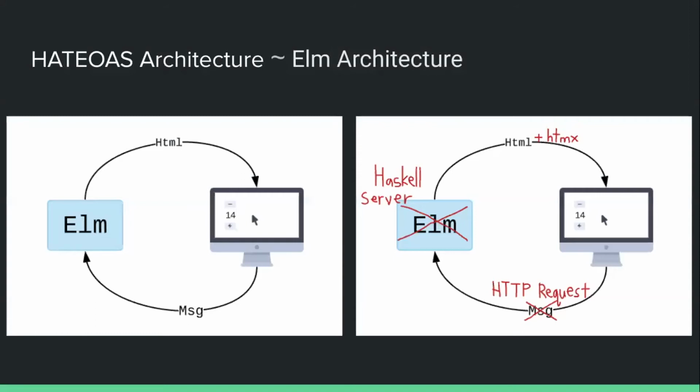And you can compare it in a lot of ways to the Elm architecture. So we'll be seeing how this works, but this is an example from the official Elm documentation. This is a graphic that shows what the Elm architecture is. And in the Elm architecture, for those who are familiar with it, we have a message that is triggered by some interaction.